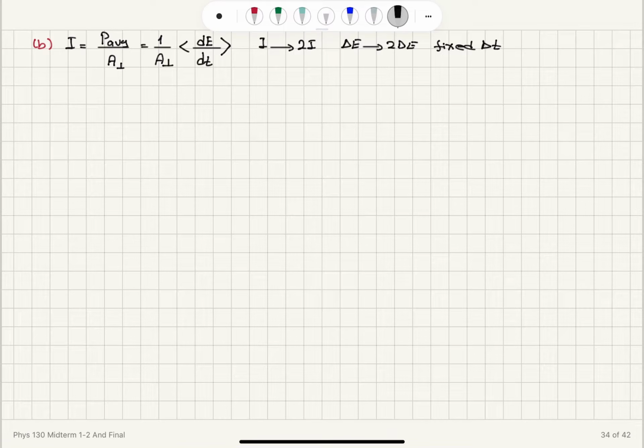Okay, so what does that imply for the maximum kinetic energy of the electrons? The classical theory says the electron energy is delivered by the incoming electromagnetic waves. The energy that we are delivering, delta E, is becoming 2 delta E. So one would say Kmax will be doubled. It will become 2 Kmax.